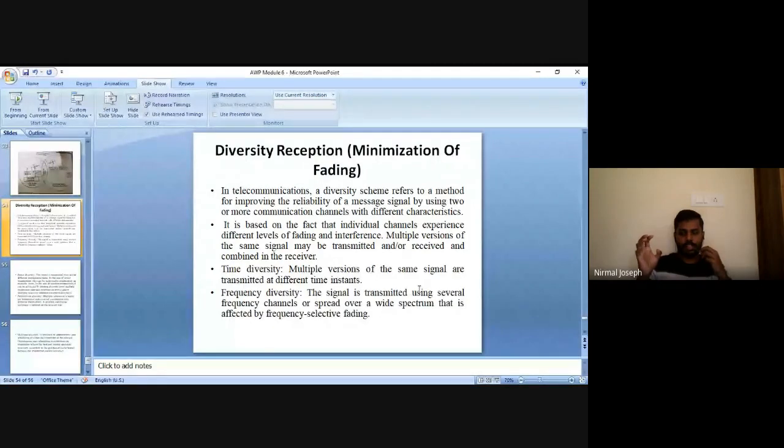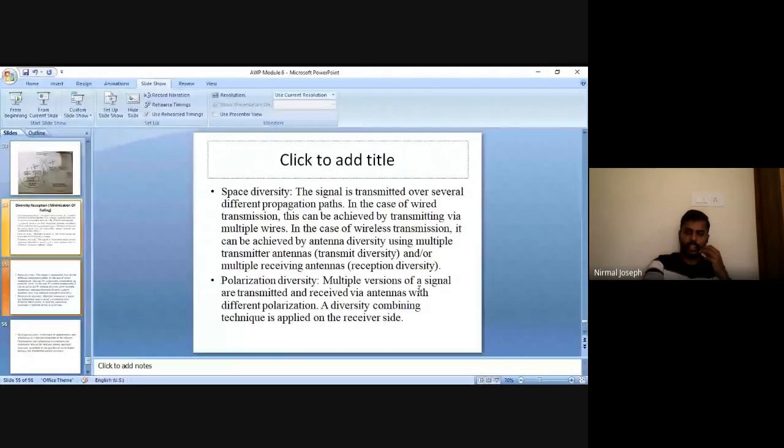Suppose some particular frequencies are showing more fading, then we will use another frequency. By that we can avoid frequency selective fading. If we are using 2 or 3 different frequencies to transmit the signal, and in 1 or 2 frequencies the absorption or fading is high, we can adjust. We will get a better result in some other frequencies.